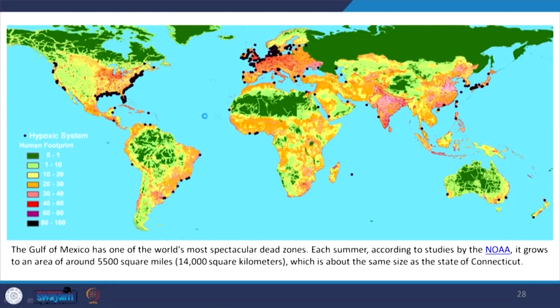If we look at the world, there are many dead zones across the world right now, and if solutions to these causes are not found, there will be greater damage to the water systems of the world, and it would be very difficult for mankind to survive.